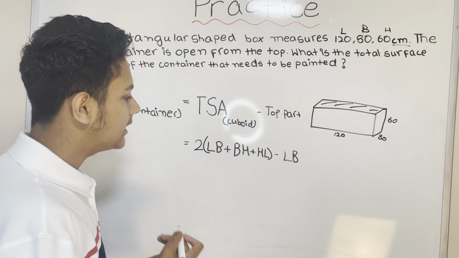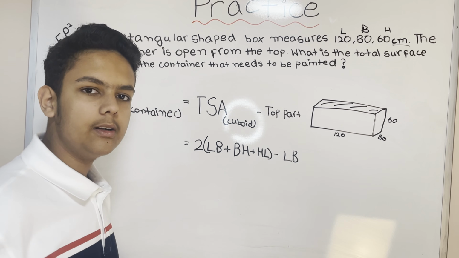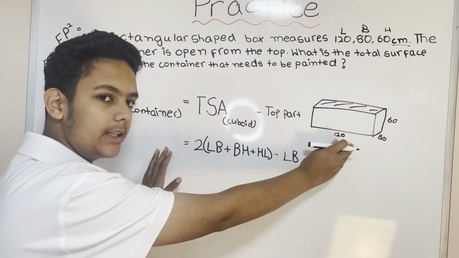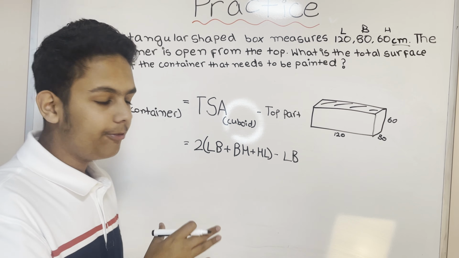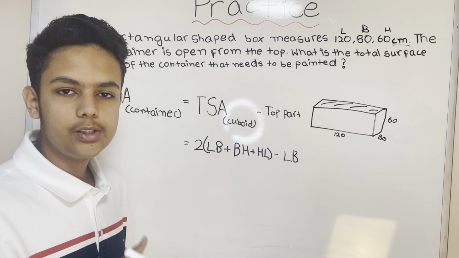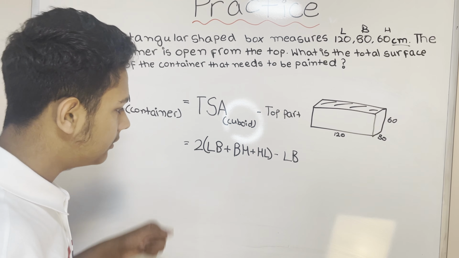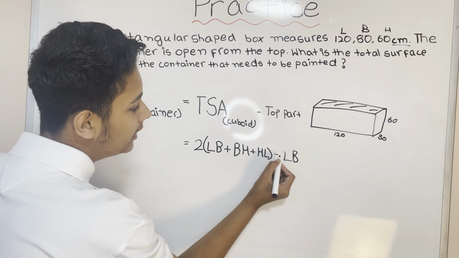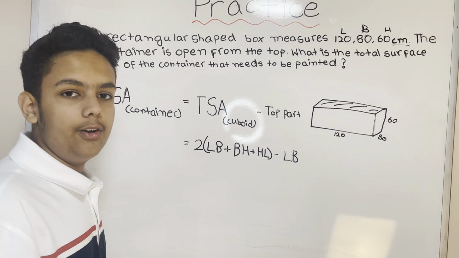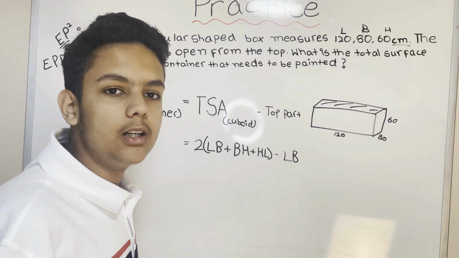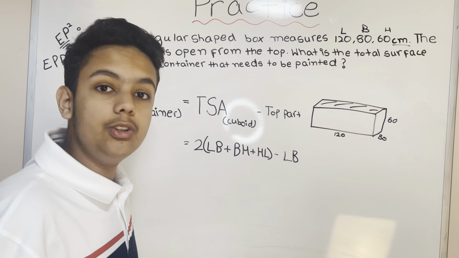I told you guys that whenever we have the formula written, so this is our formula for this container, we will try, if we can, to cancel out or take common. Now here what we can see is we're subtracting an LB and we have a positive LB here. We learned in our past classes a positive and negative cancels to a zero pair.